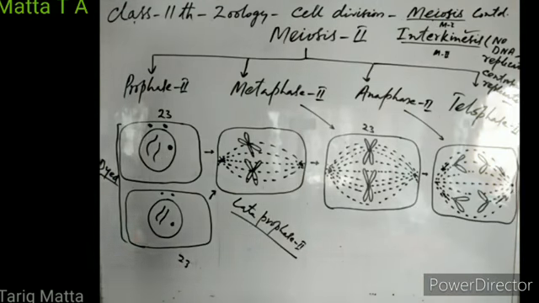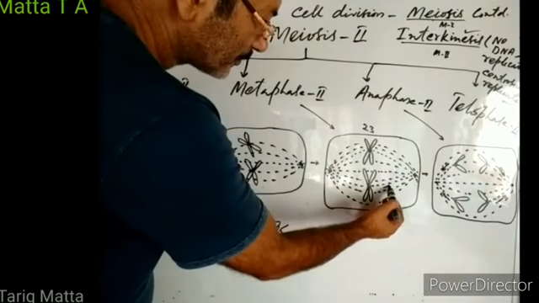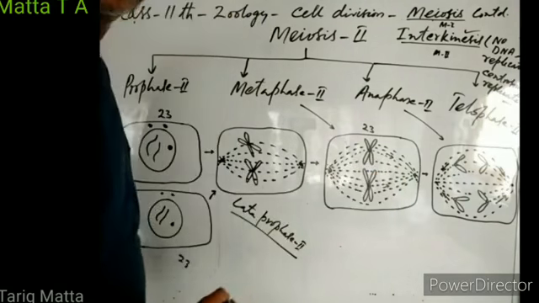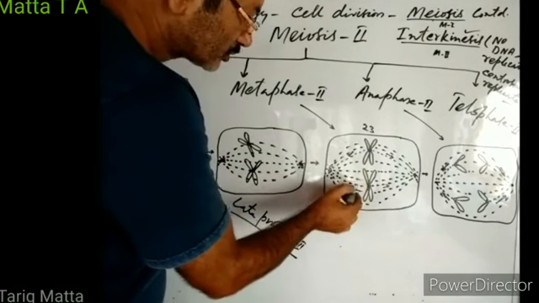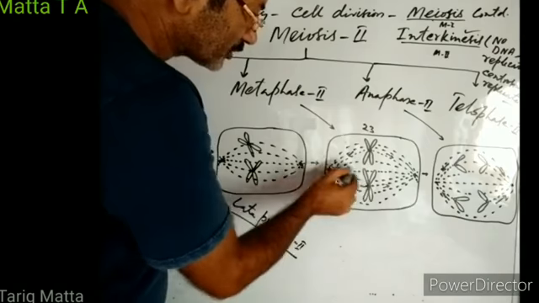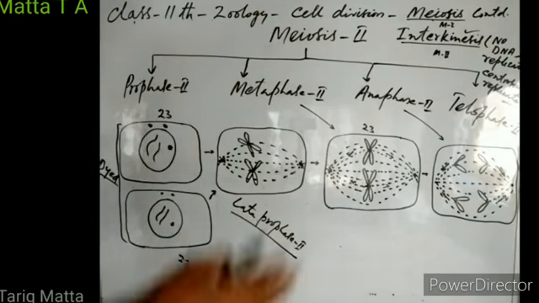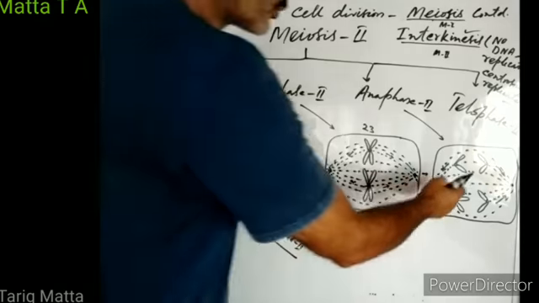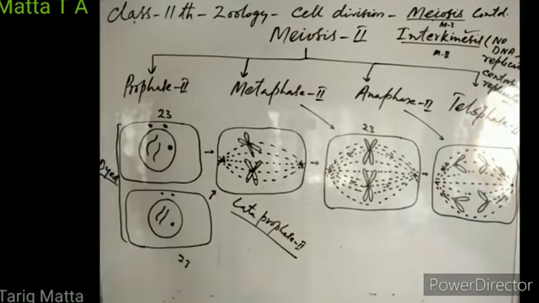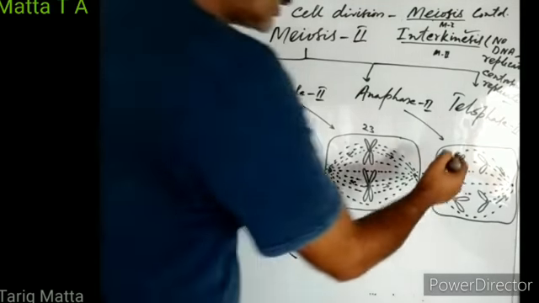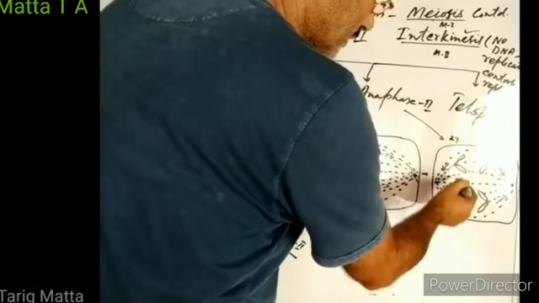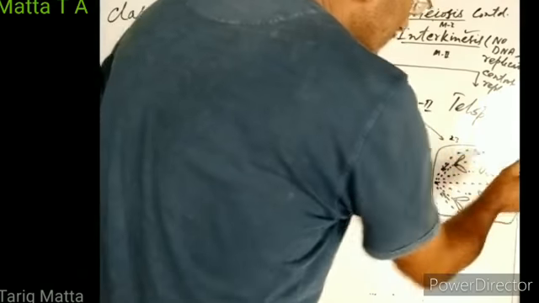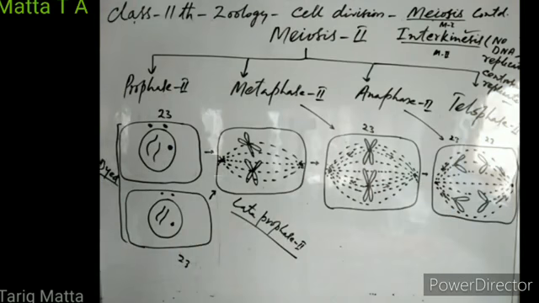When the kinetochore spindle fibers generate pressure on the centromere, the centromere divides and two sister chromatids of these chromosomes get separated from each other. So 23 chromatids will move towards this pole of the cell, and 23 chromatids will move towards this pole of the cell. So this happens in the anaphase second.